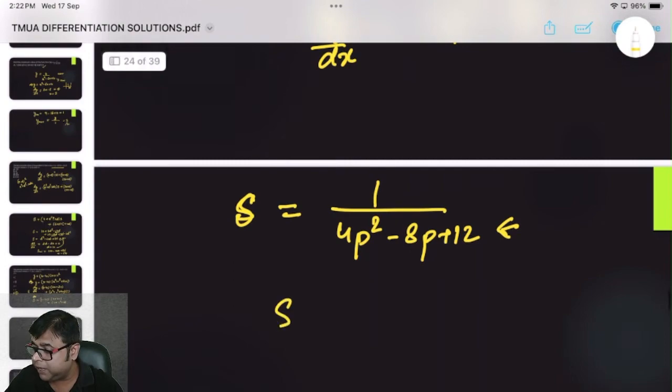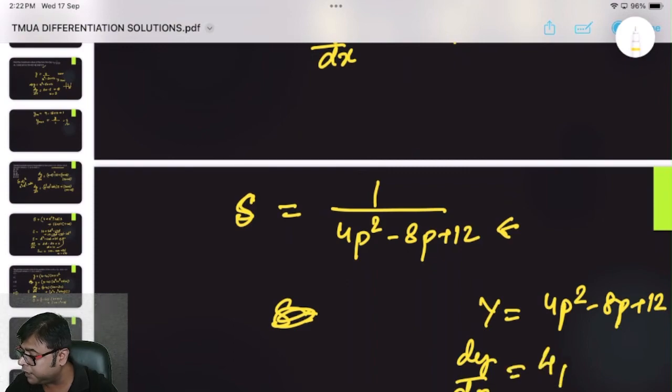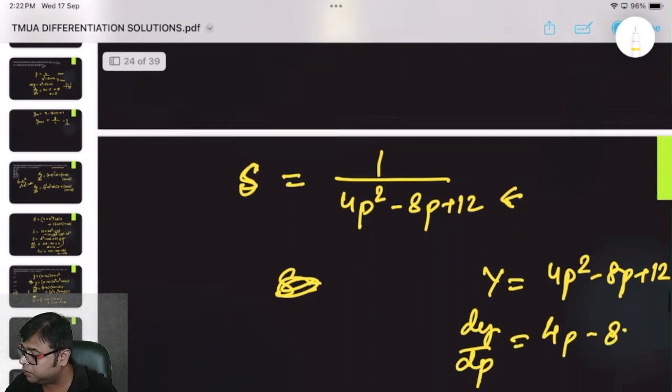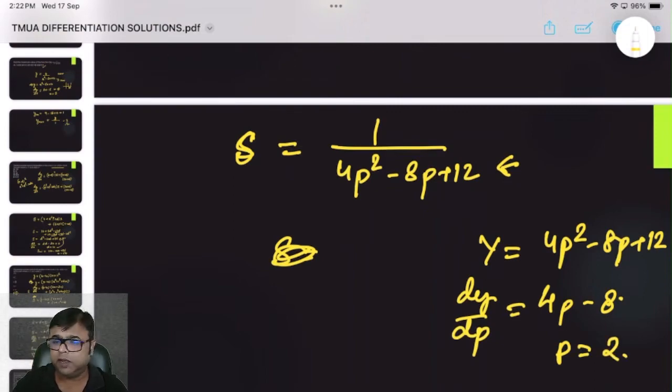Suppose I take y equal to 4p square minus 8p plus 12. So dy by dp will be 4p minus 8. If I put it equal to 0, p will be 2. And this will give me the minimum value since the second derivative will again be positive.